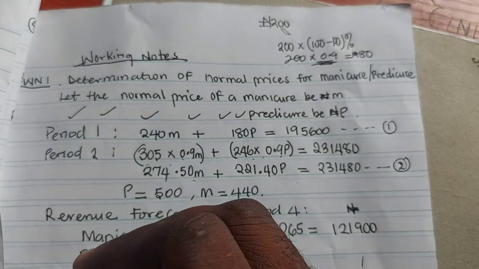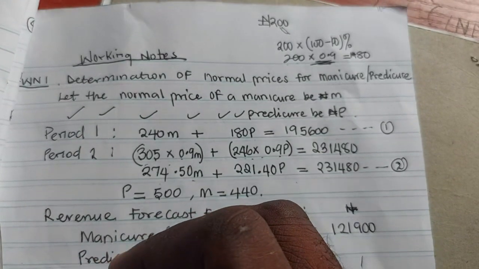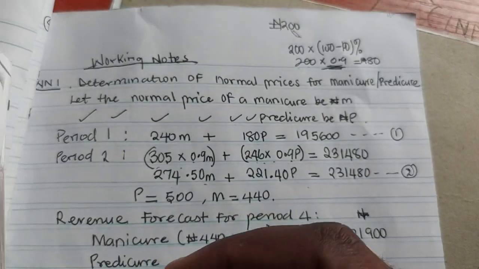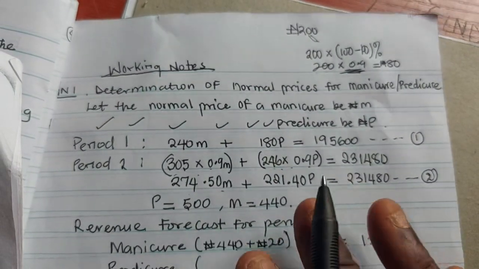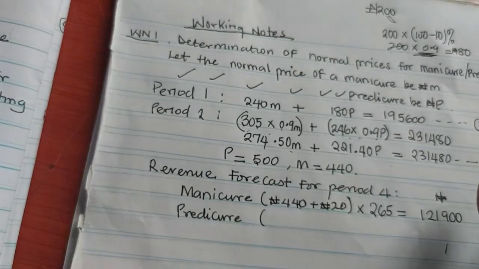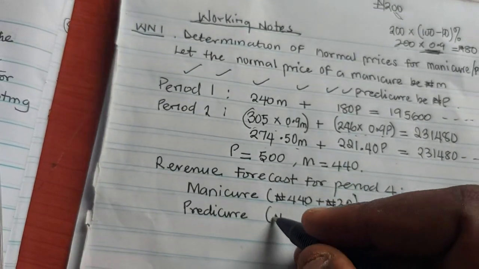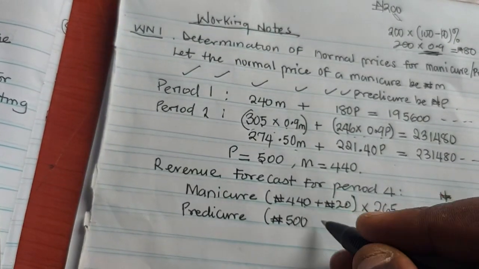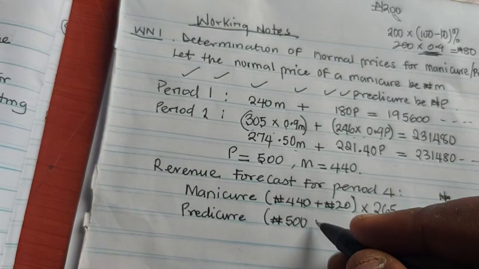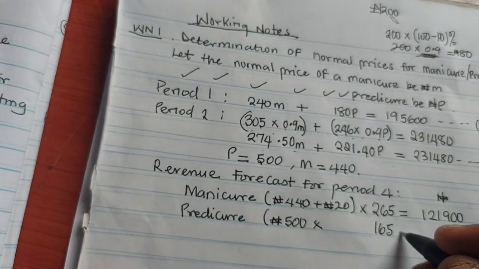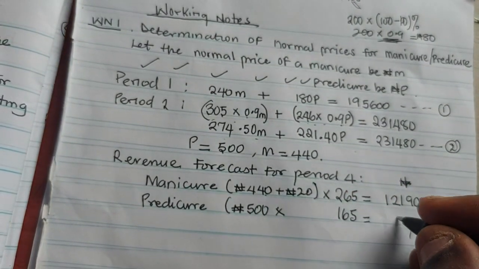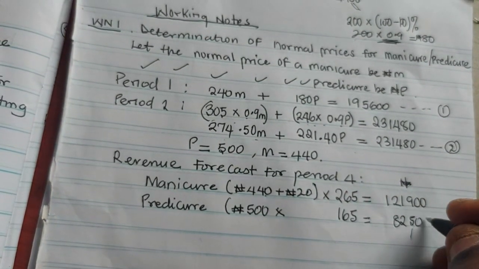Then for pedicure, there is no big deal about that. The discount only holds for period 2. So we have 500 naira multiplied by 165, and that will give you 82,500.